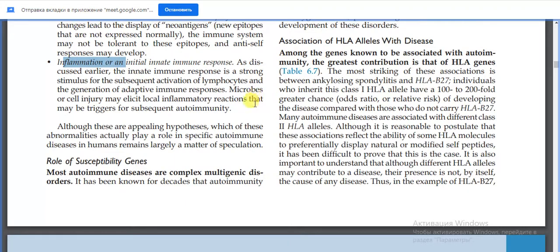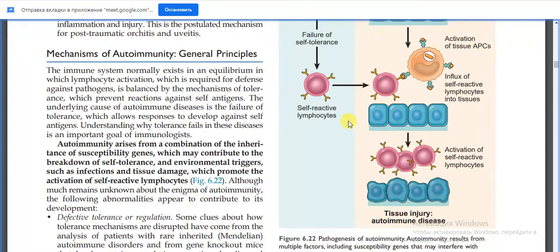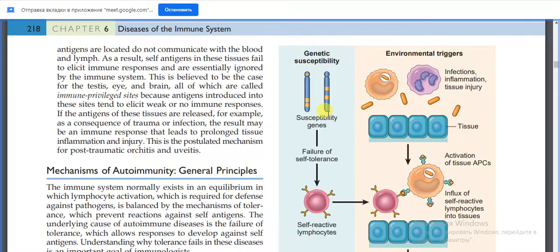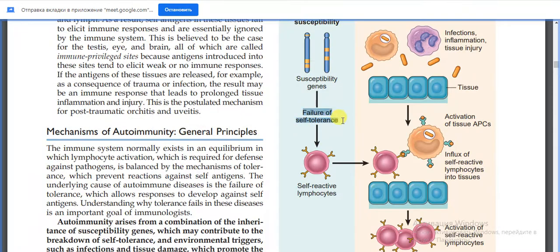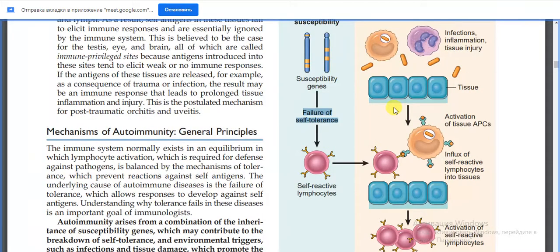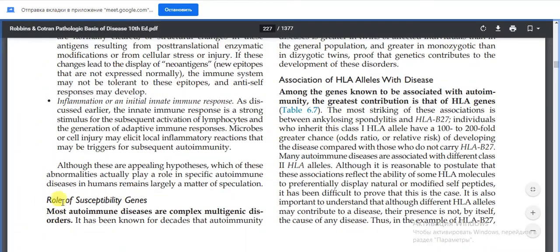Let's talk about genes. Susceptibility genes cause the failure of self-tolerance, and then these genes we discussed before start to treat our own tissue antigens as foreign, and immune reactions respond to them. This is the role of susceptibility genes.